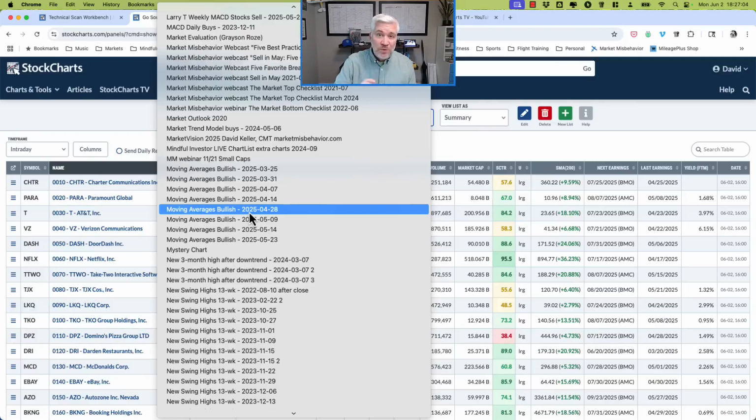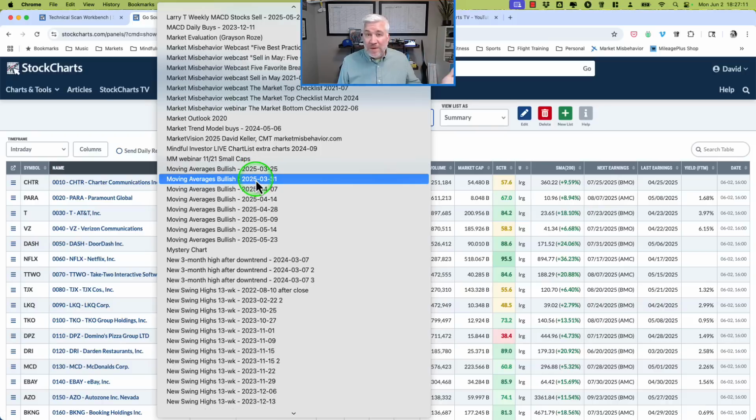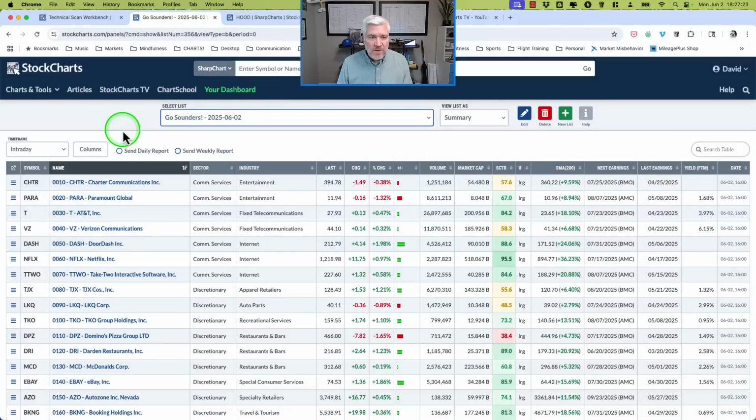You can do all sorts of really cool stuff to just sort of back test how a scan I ran 6 weeks ago, 12 weeks ago, what happened to those names? Did the names that I think were going to do well actually do well? So making the time to review some of your previous scans that are all backdated now and saved on your login really gives you, I think, an opportunity to learn and to maybe update or upgrade your scans over time.